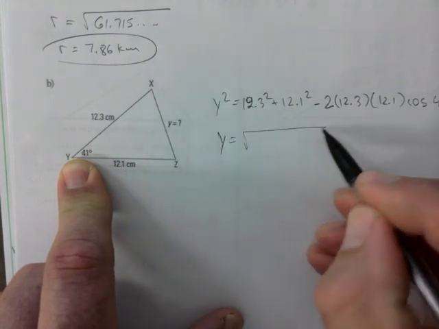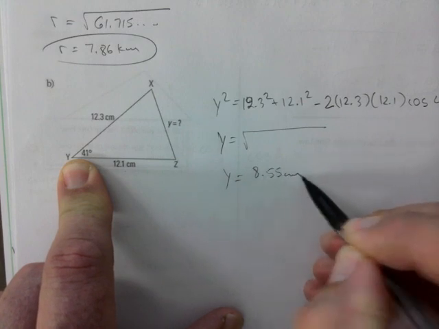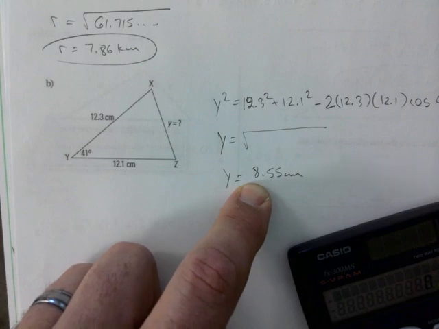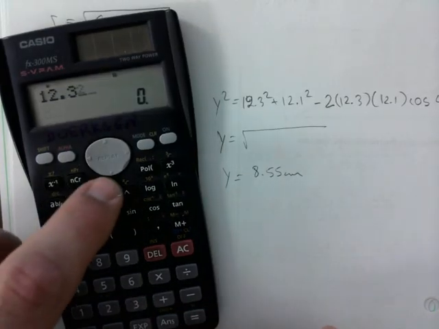I don't know what this is, but I know that this is 8.55. Okay, so I don't know. I'm guessing that squared would be 65 something. I don't know. I'll just quickly figure it out.